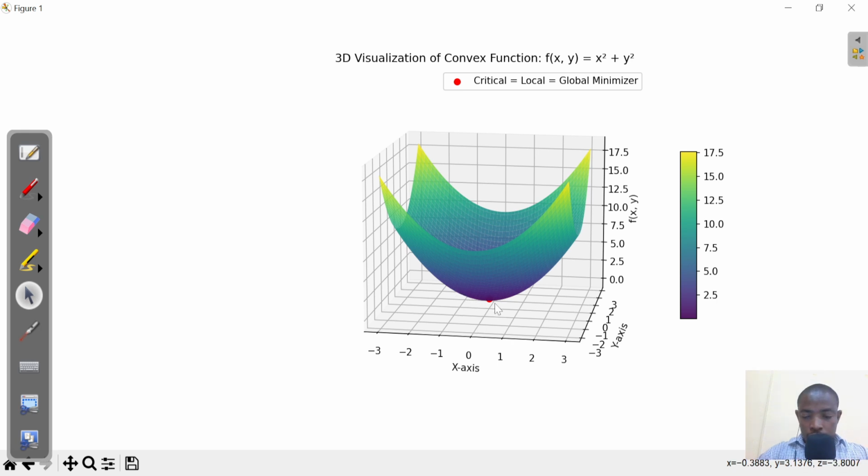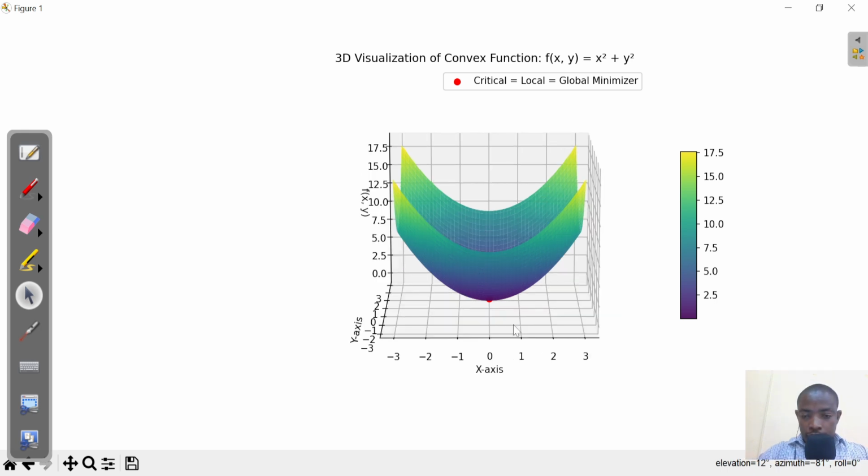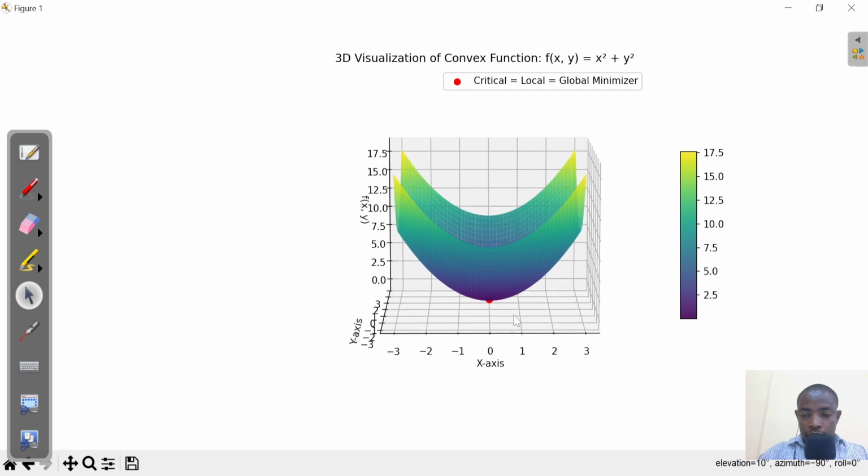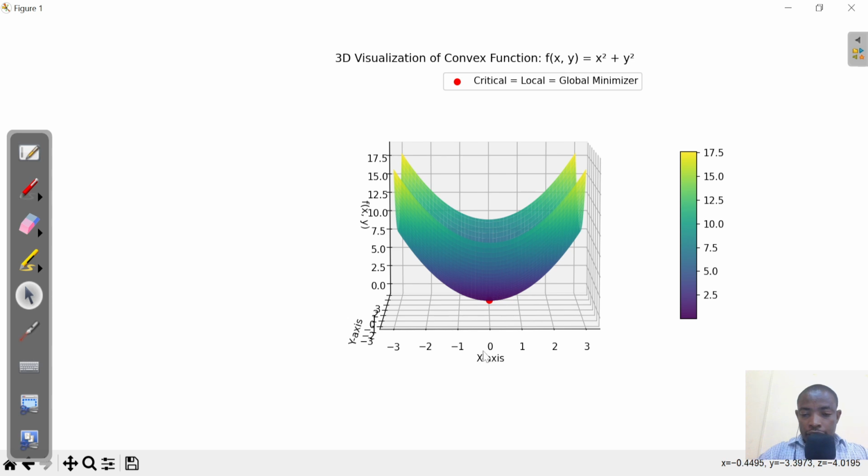So clearly, even by eyeballing this, we see that the lowest point on the x-axis, as far as this graph is concerned, is 0.